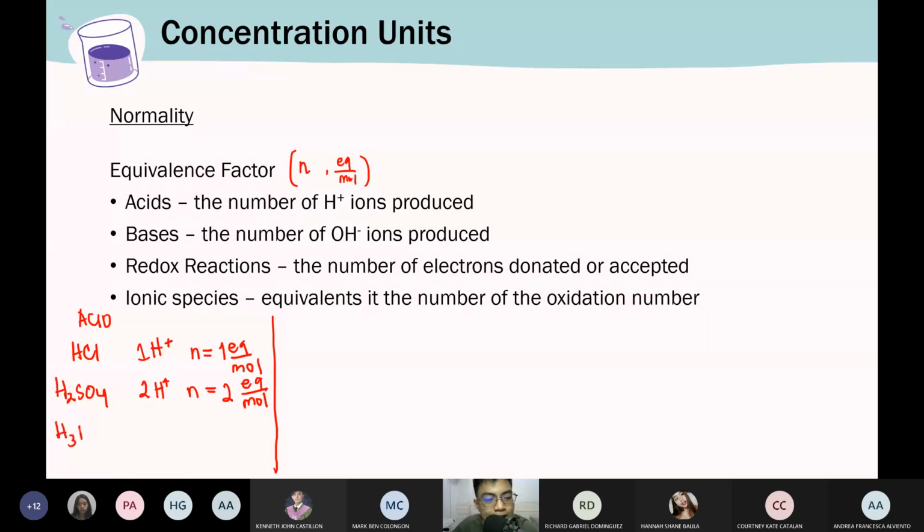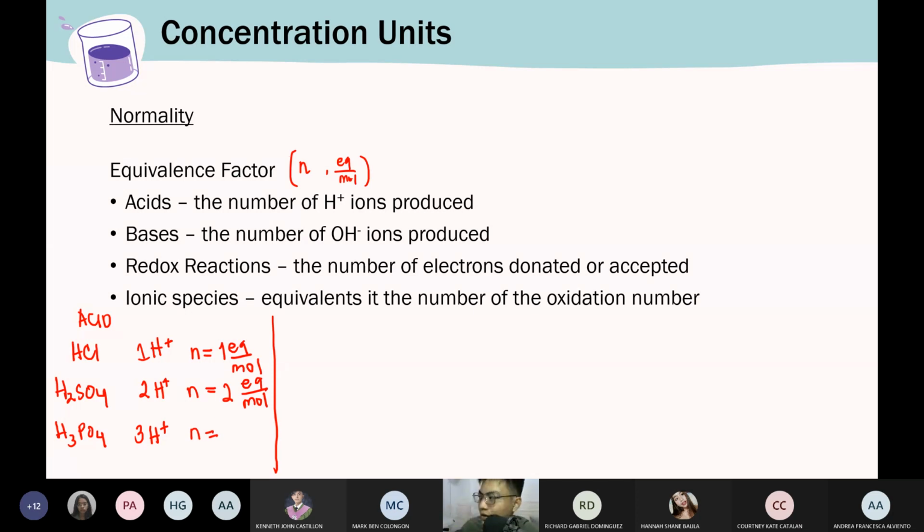Phosphoric acid, H3PO4. Ano yung dami ng hydrogen na pwede mo kunin? Anyone? Gaano karaming hydrogen pwede kunin kay phosphoric acid? Tatlo. Okay? So, tatlo. Bakit tatlo? Because tatlo yung hydrogen niya. Okay? So, what is the equivalence factor of phosphoric acid?